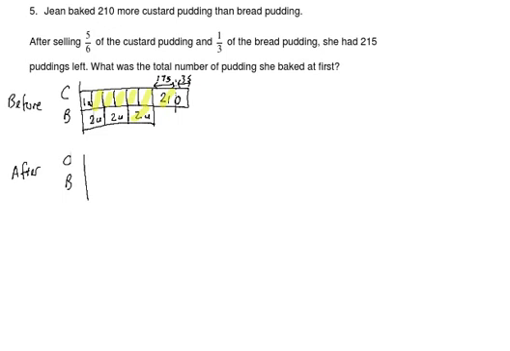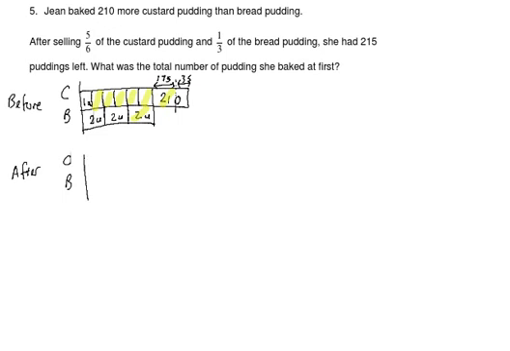Right? So, we know that 1/3 of the bread pudding was sold. So, can I draw my after model now? I can, right? So, for custard, Adriana, what should I draw here? 1 unit and? Very good, 1 unit and 35.